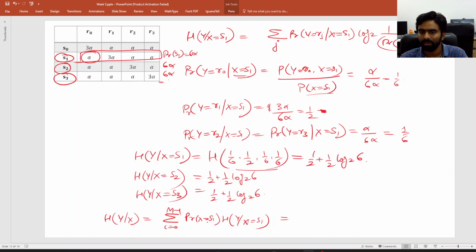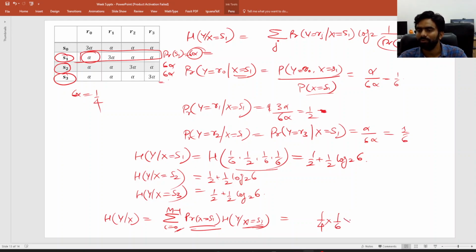So all are the same, and the probability of x equal to si is also the same, that is 6 alpha, which is nothing but 1 by 4. So it would be 1 by 4 into the probability of s of i. Let's say we take s of 0, so 0 will be 1 by 6 only.